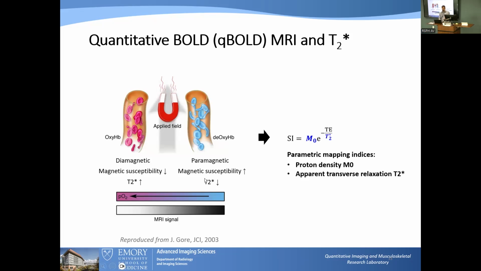So as you become more paramagnetic, T2 star decreases. So basically, as you become deoxygenated, the T2 star value goes down. As you become more oxygenated, T2 star elevates. So that's how that marker directly relates to the oxygenation status of blood in the tissue.